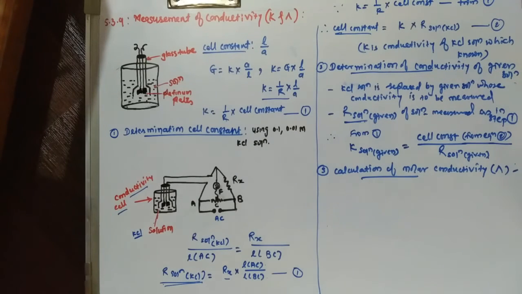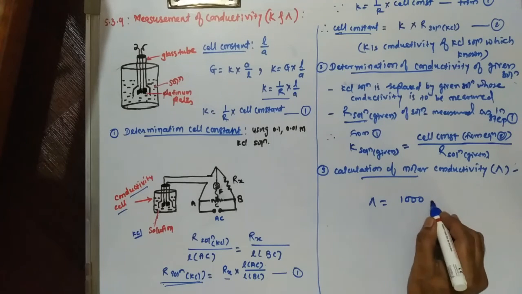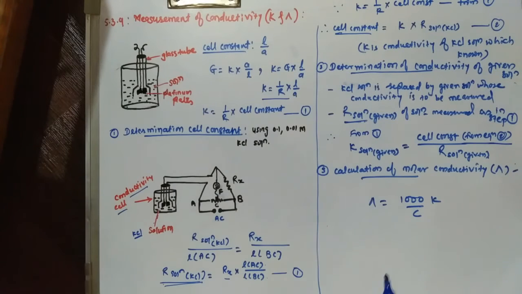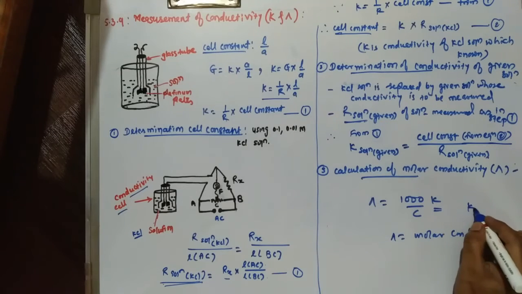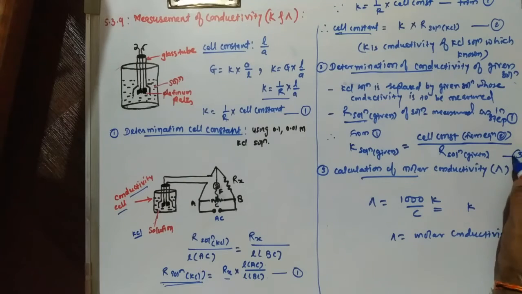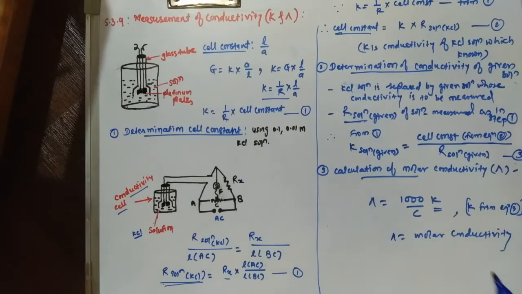We already derived the formula: lambda is equal to 1000 into K divided by C. The molar conductivity of the given solution is calculated by using this formula, where lambda is the molar conductivity, K is from equation 3, and C is the concentration.